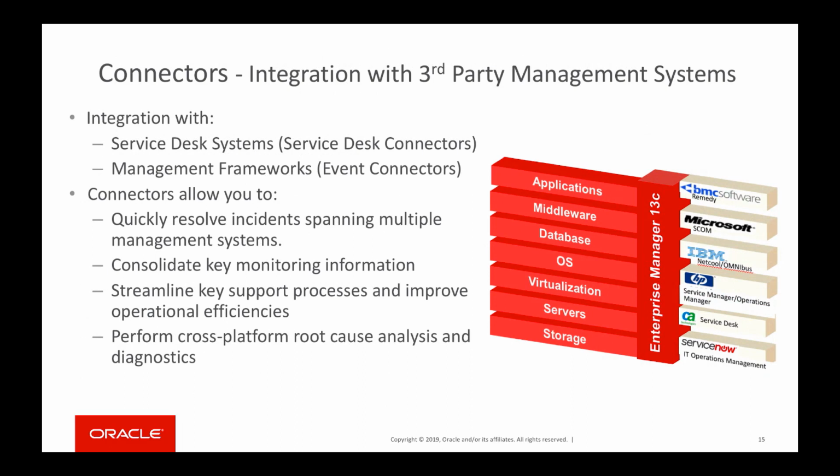As mentioned in the previous slide, as part of the notification methods, we have connector services that integrate EM with popular third-party management systems. There are two types of connectors. One is a service desk connector that connects with ticketing system vendors, such as BMC, CA, or ServiceNow. This type of connector allows EM to automatically create service desk tickets in those systems in response to Enterprise Manager incidents.